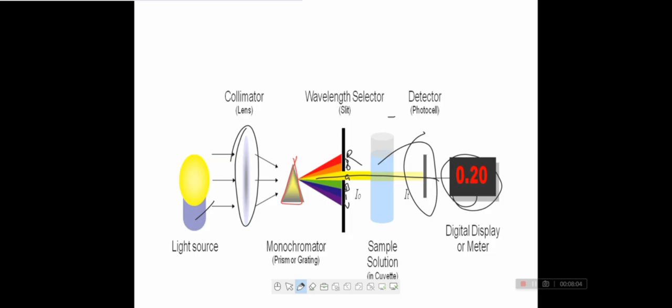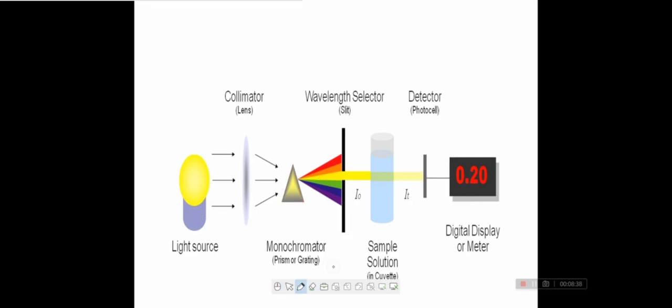When they split into 7 colors, according to which color of the light will be present from the source, the photocell decides the intensity of the light, and according to that intensity, the value will be displayed on the digital meter, and we get the color intensity of the light.